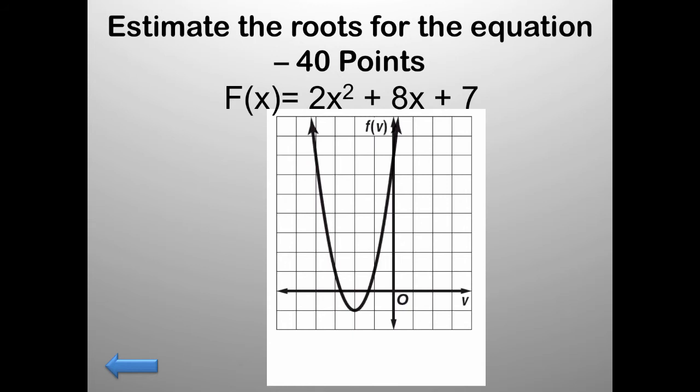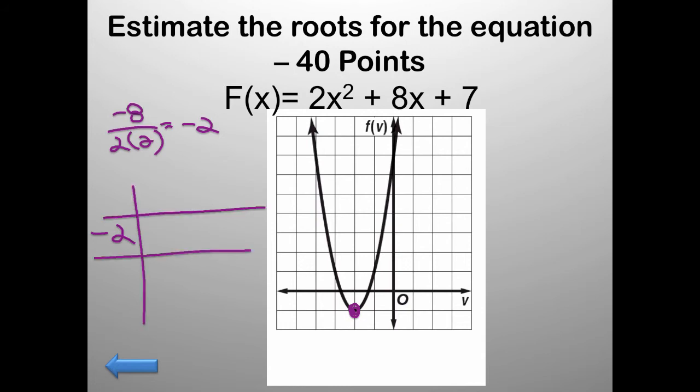In this case, it's going to be an estimate. So again, I would do the opposite of b over 2a. I would get -2. I would find my vertex when I plug it into the equation. And then I would build off of my x values here, -1 and 0. 0 is easy, or -1 and -3.